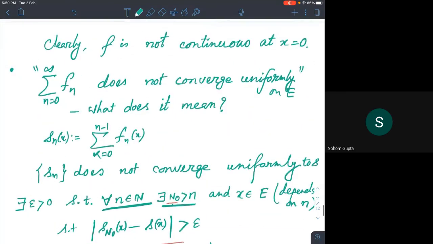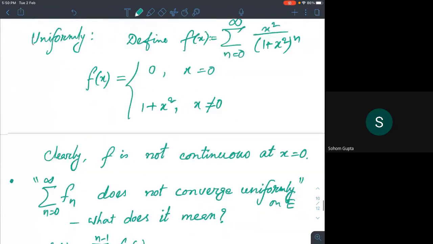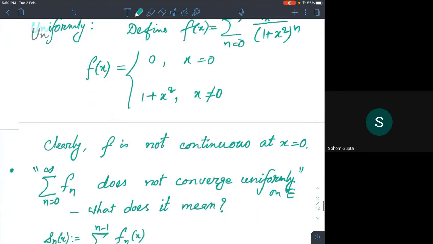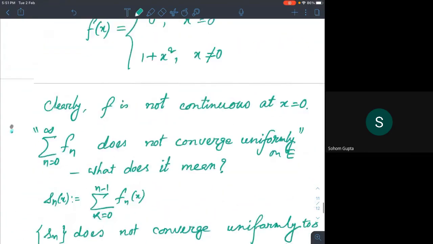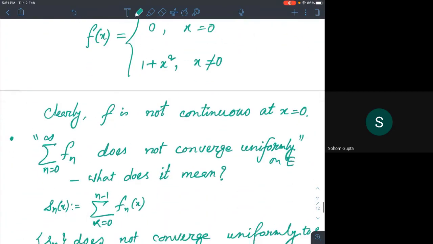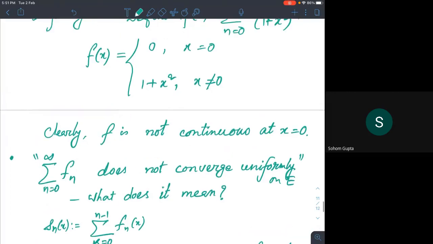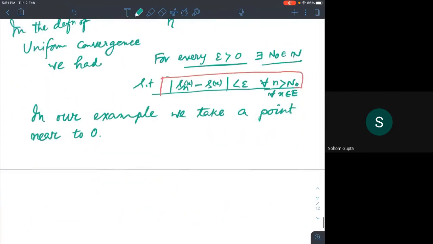So you will generally take x to be 1 over n. So take a point near 0. In fact, not a point actually, you take the points x to be 1 over n, right?